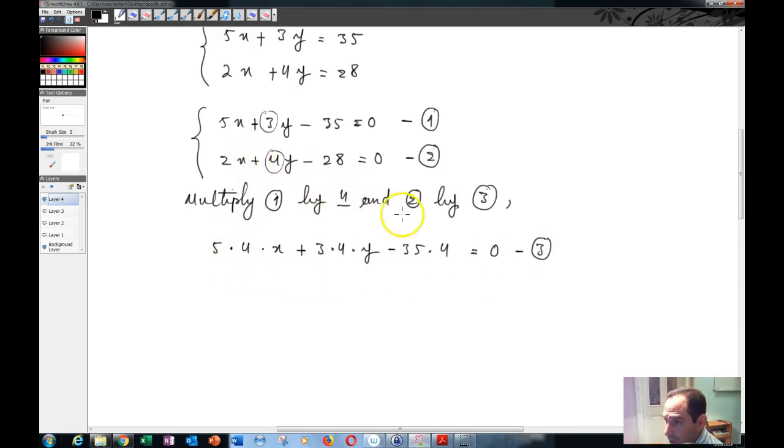And then equation number 2 multiplied by 3 would be 2 times 3 times x plus 4 times 3 times y minus 28 times 3 is equal to 0, equation number 4.